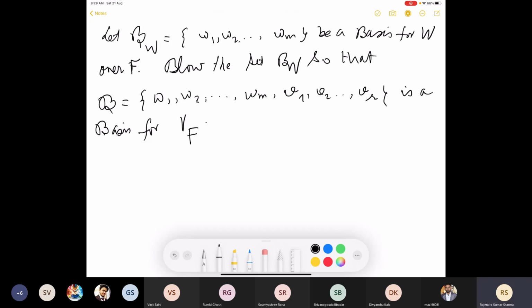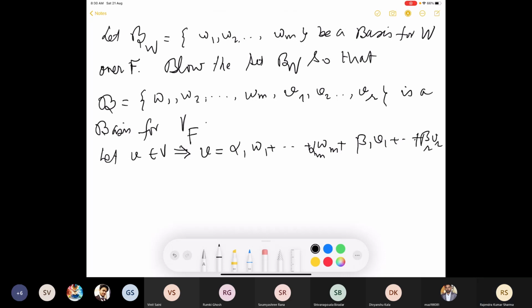So now BW is a basis for W over F, and B is a basis for V over F. Now let us take the quotient space V by W. Any element of the quotient space V by W will be a coset V plus W. So let us take V in V. This means that V can be written as a linear combination of these vectors: alpha 1 w1 plus ... plus alpha m wm plus beta 1 v1 plus ... plus beta r vr, where the alphas and beta j's are from F.